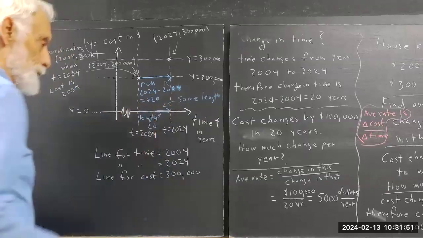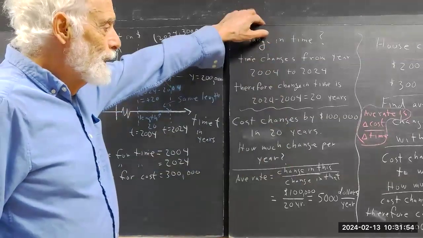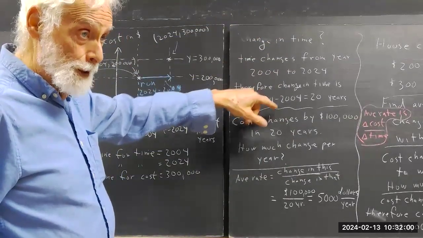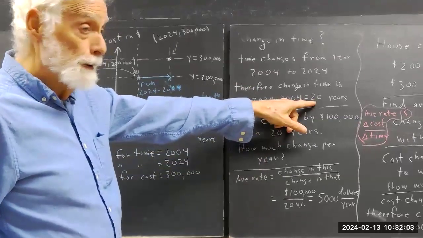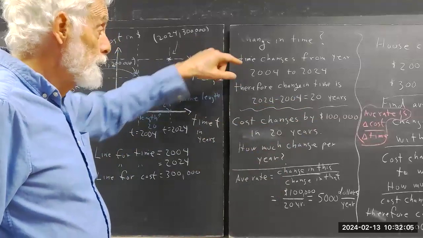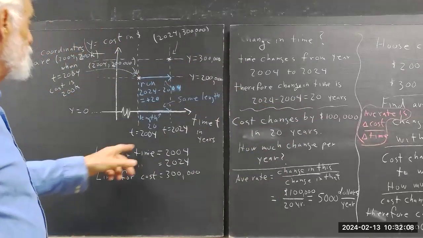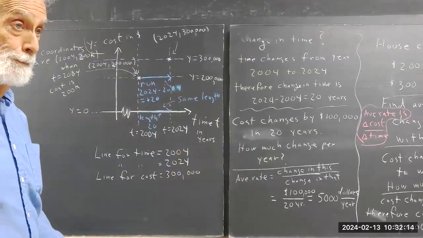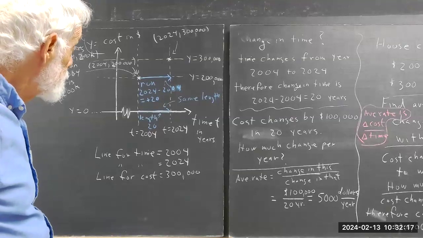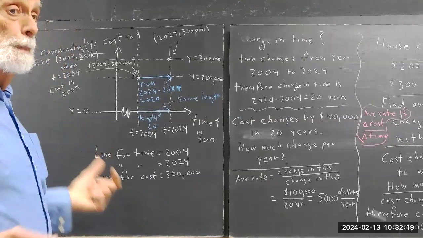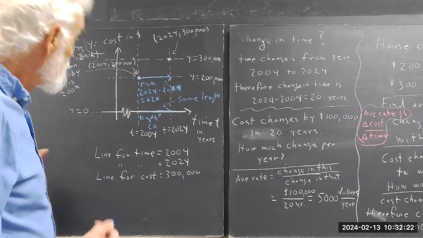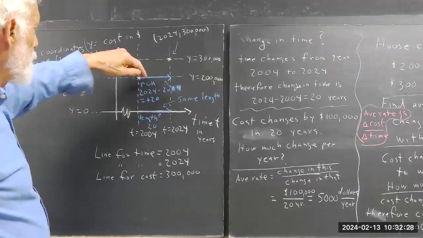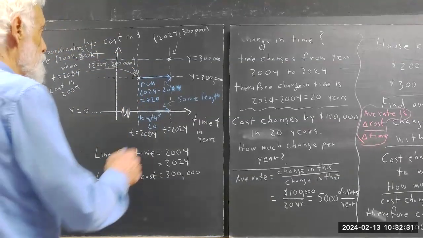We've seen that number right here, and then we see it right there, calculated. So it's the same thing we calculated here. It's the change in time. And that makes perfect sense because the time goes from 2004 to 2024. That's 20 years. It's about how old a lot of people in these classes are. Some are older, some are even younger. Anyhow, so there's vector length 20. That's your run.